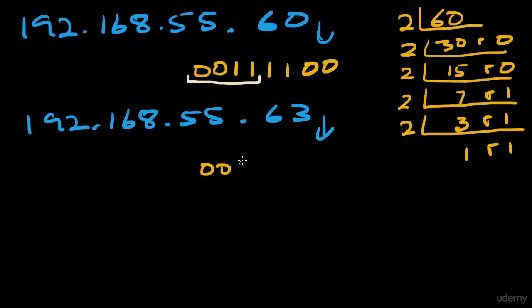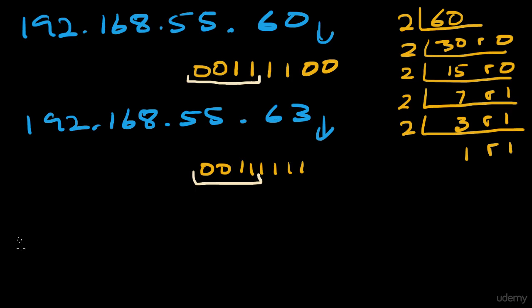The subnet bits are the first 4 bits, so there we go. So this has the same network ID as 60. 192.168.55 is the same, and in the 4th octet, the first 4 bits are the same. It's 0011 for each one of them. So 60 and 63 are on the same network.